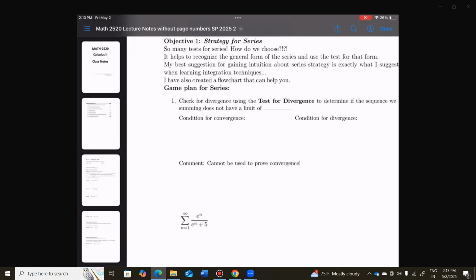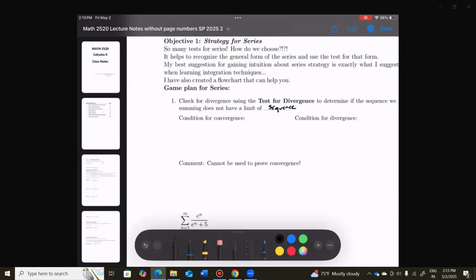So first, check for divergence using the test for divergence to determine whether the sequence of terms has a limit, and so S sub n. So the conditions for convergence: the limit as n goes to infinity of a sub n equals 0.